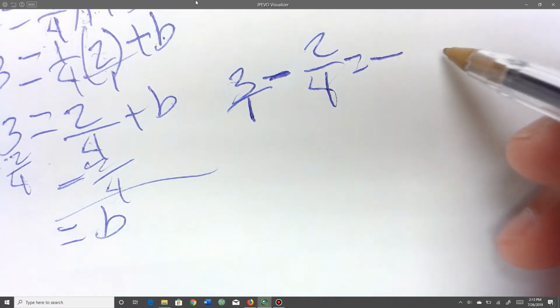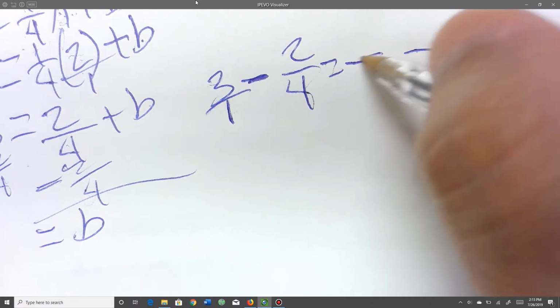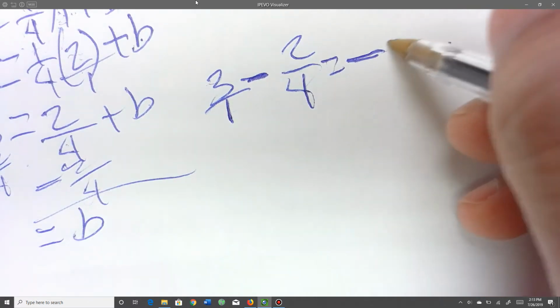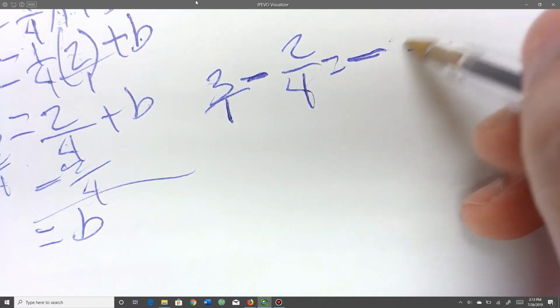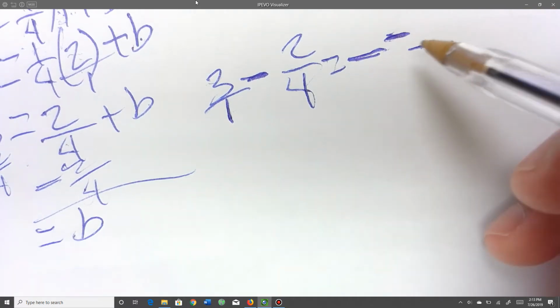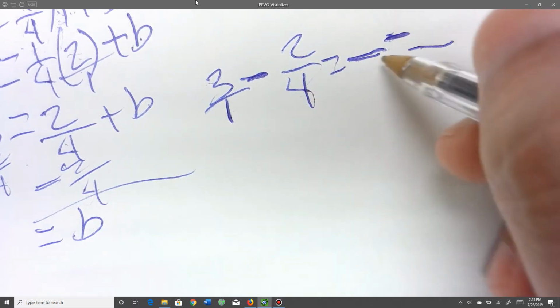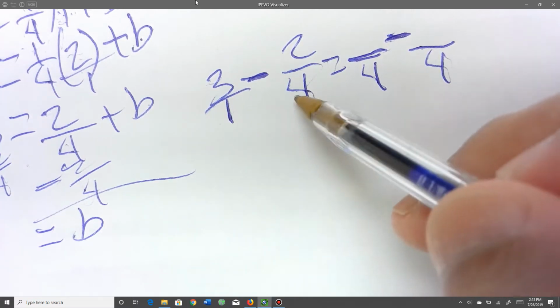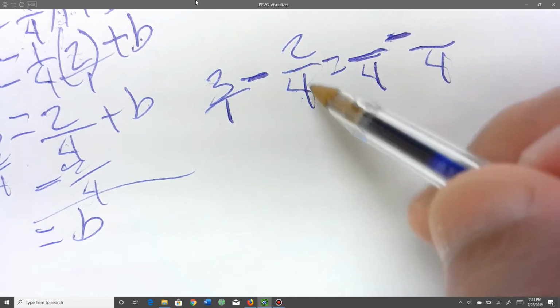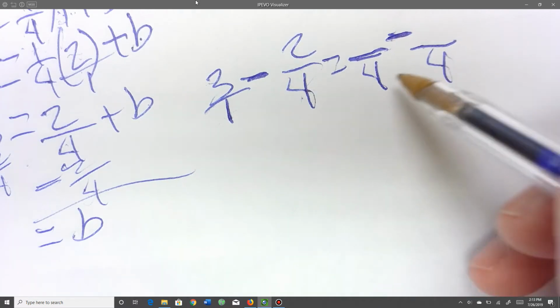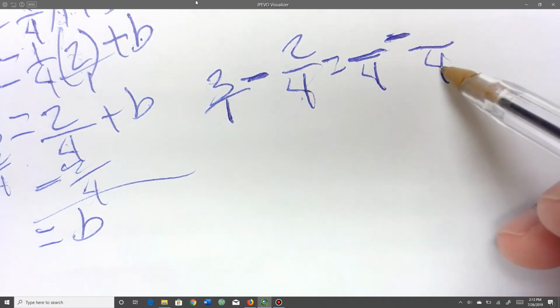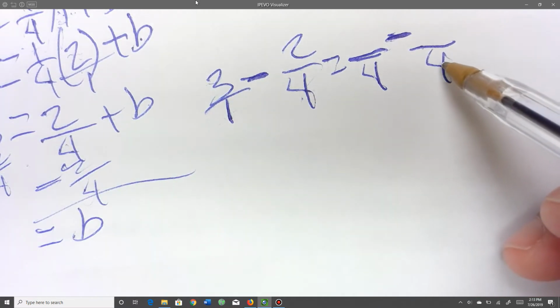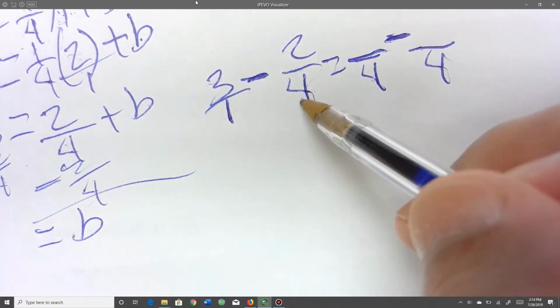I know I'm gonna end up with 2 fractions, and the operation is subtraction. Find the least common multiple. The least common multiple will be 4.